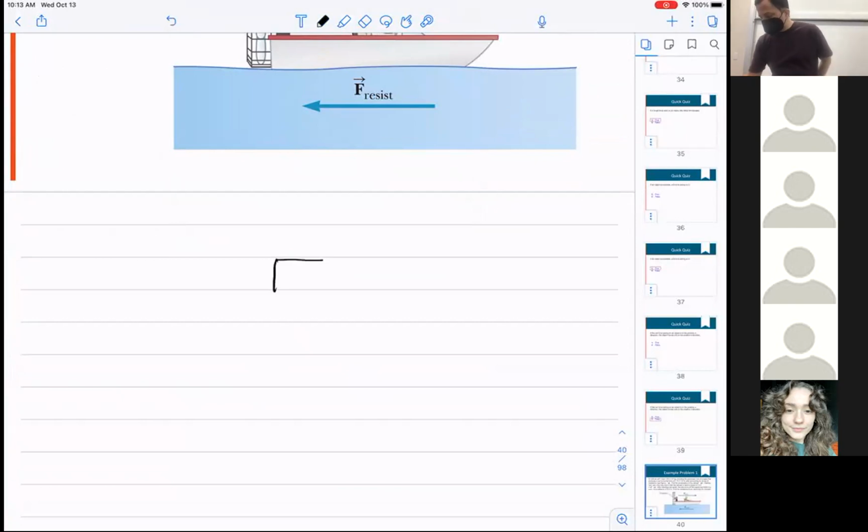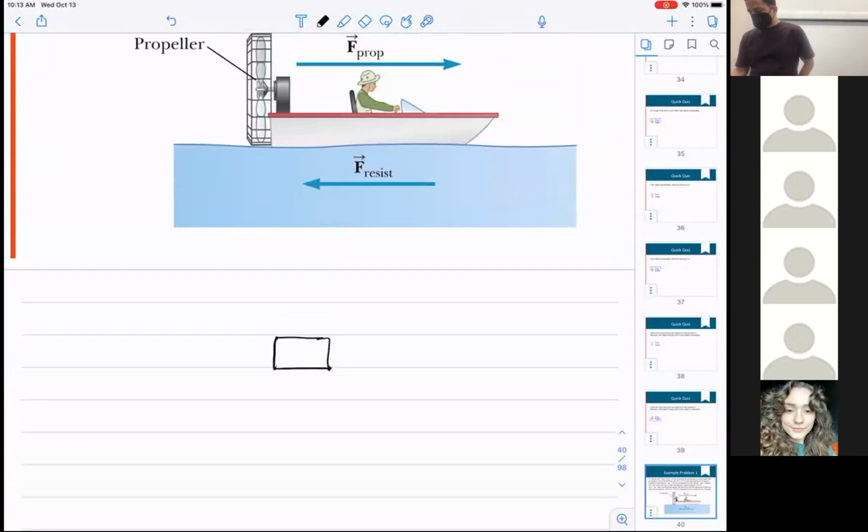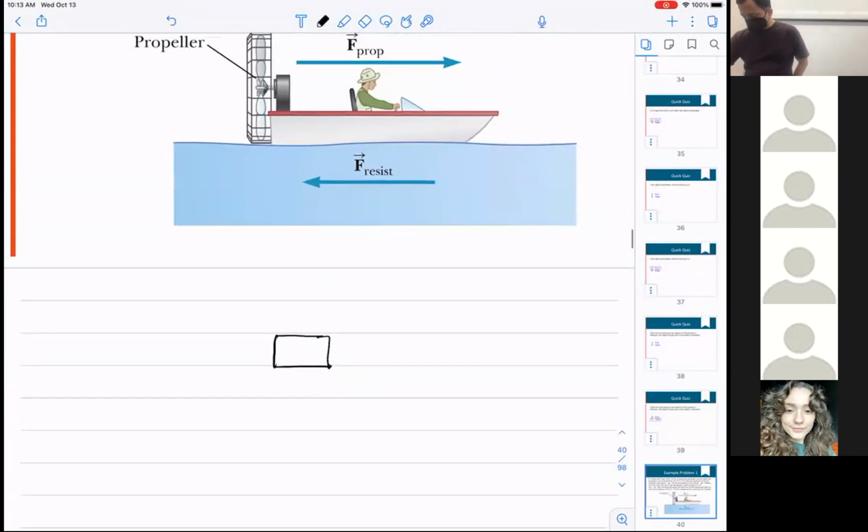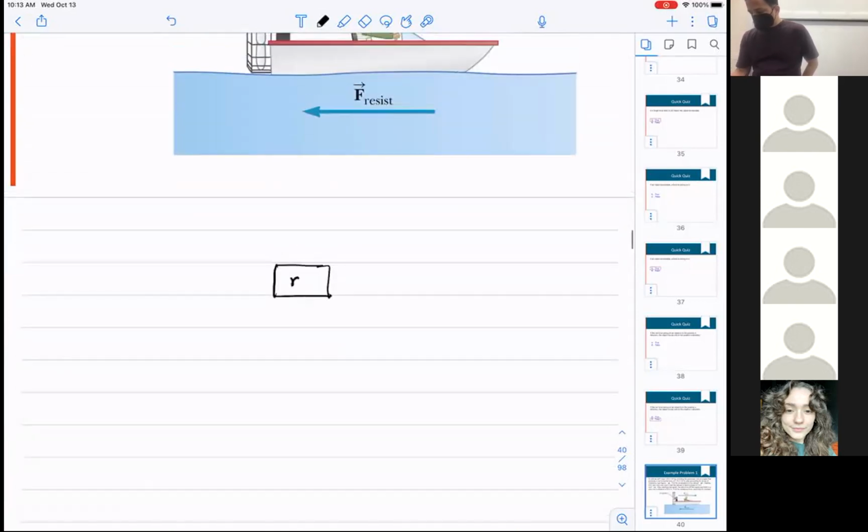So in this case, this is the person plus the boat. It has some total mass m, let's say. What do I call it? Do I give it a big M? Little m. And then what we are told is that there is a net force acting to the right. There is a net force acting to the right. So I can call this my positive x, my positive y.